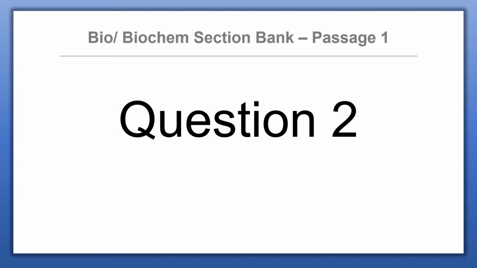Answer choice C says vasodilation does not affect phosphorylation levels of calponin. And this is false. Phosphorylation of calponin was part of that cascade. Vasodilation would affect it, because as we vasodilate, the levels of phosphorylation of calponin would decrease.